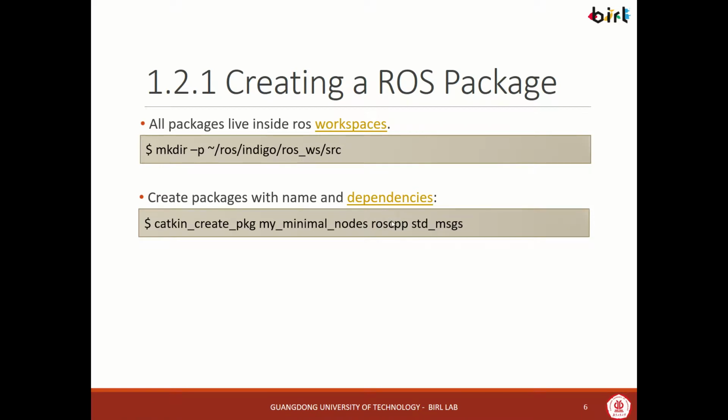For example, if we want to use C++ and ROS, we need to use the roscpp library in order to write these packages. So this is another package that we might depend on. If we want to use a basic set of standard messages like sending ROS integers, ROS floats, ROS strings, then we might use a dependency like this.